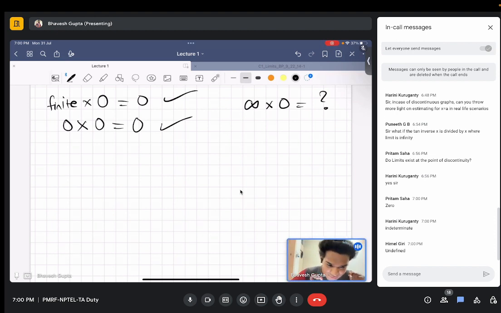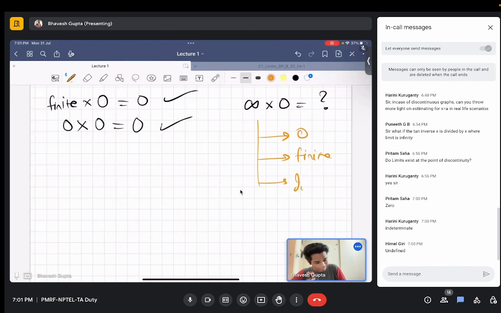Yeah, exactly. That's kind of an undefined thing. Yeah, that's undefined, because the possibilities it can take are that it can be 0, it can be finite, it can be infinite as well. We have to see the structure of this infinity and 0 here.